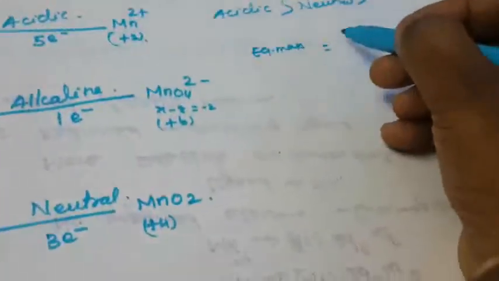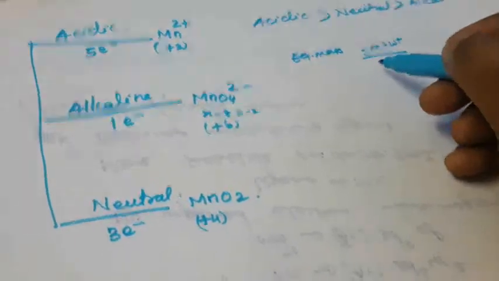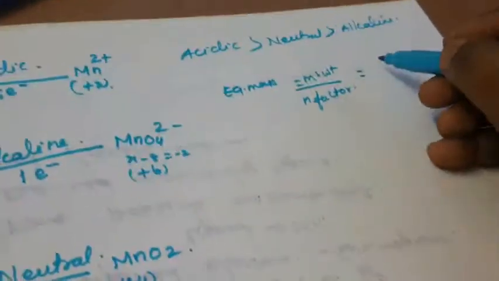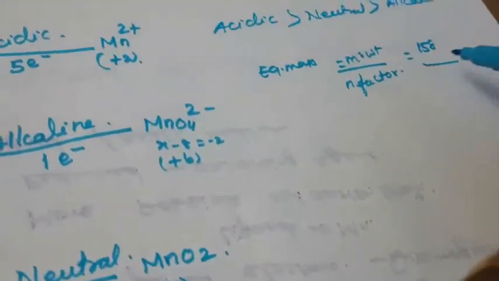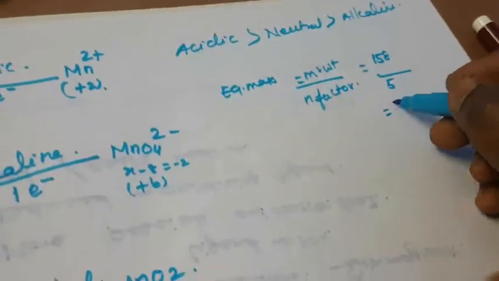Equivalent mass equals molecular weight divided by n factor, right? What is the n factor? The number of electrons gained or lost. The molecular weight of potassium permanganate is 158, divided by 5 electrons gained in acid medium, which gives 31.6.